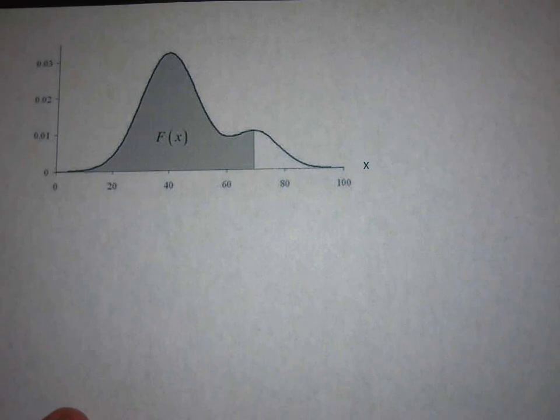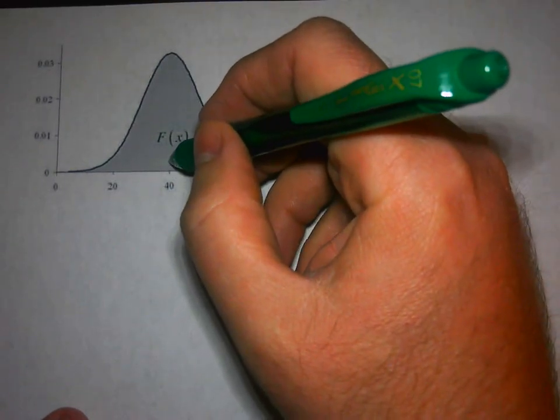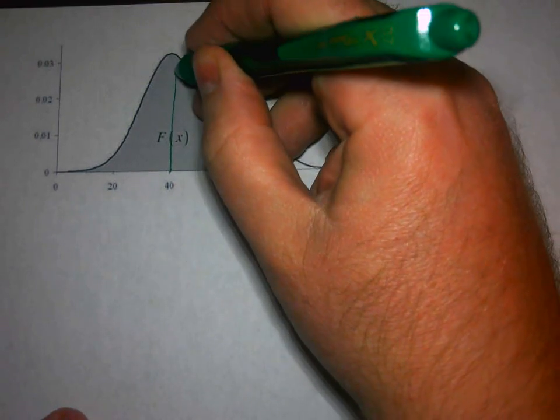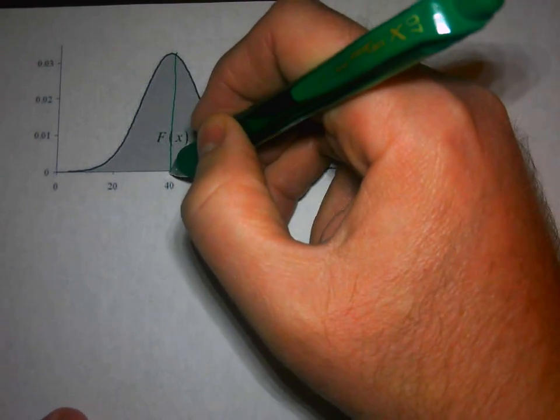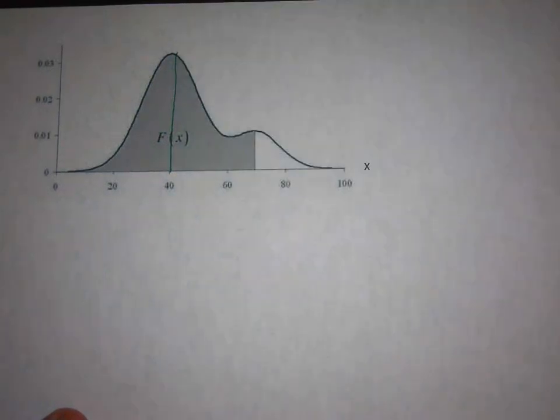So the idea is, if we just said exactly 40, the problem is the area at 40, so if I just draw a vertical line right there, the probability of x being exactly 40 is actually 0.